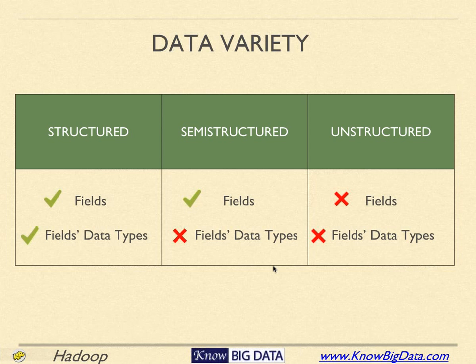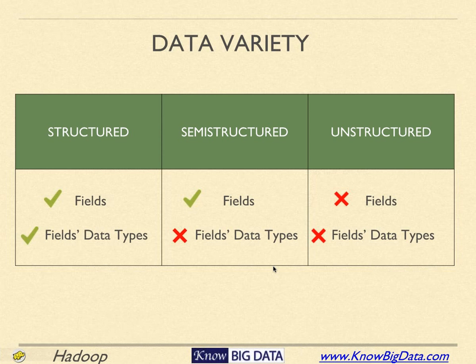All right. So structured data is something in which we know what my input data types are, as well as what my input fields are and what their data types are. For example, in a database, you know that in this table these are the columns and these are the data types of the columns.